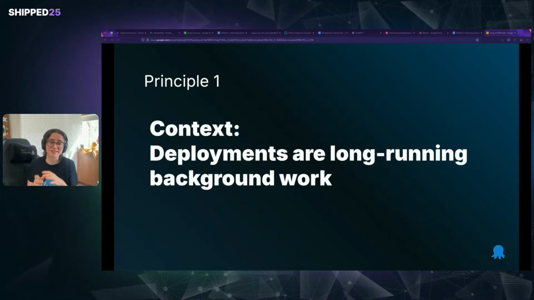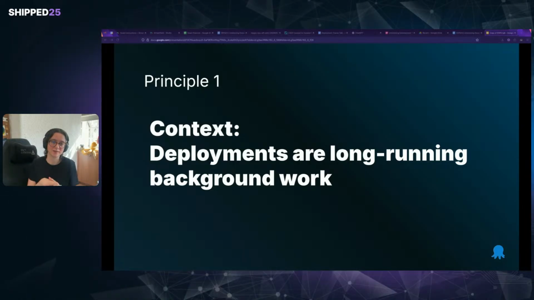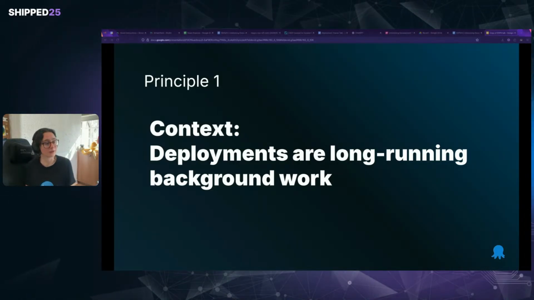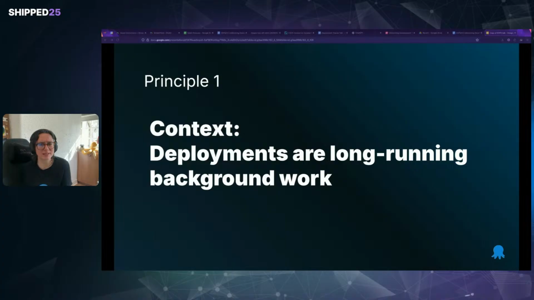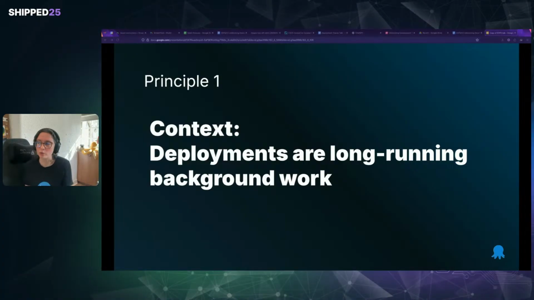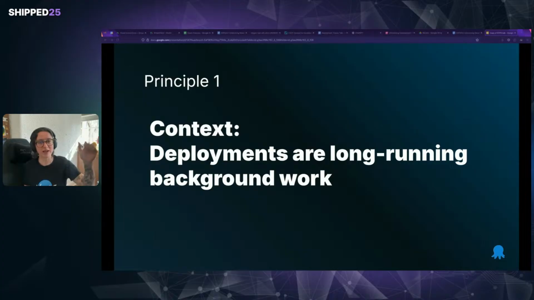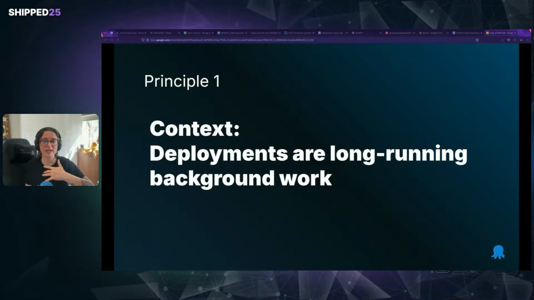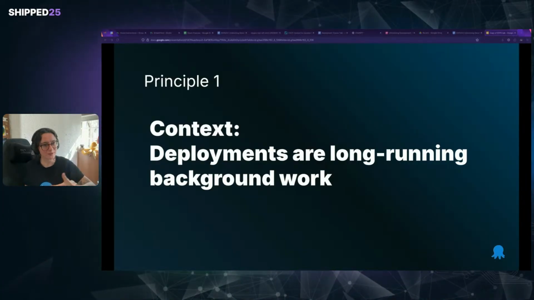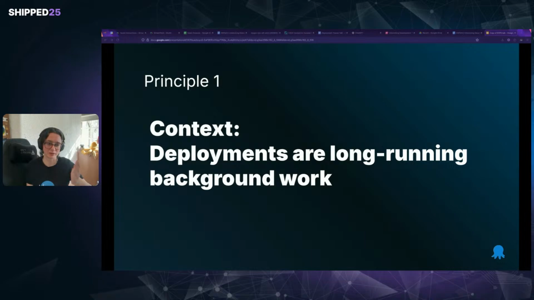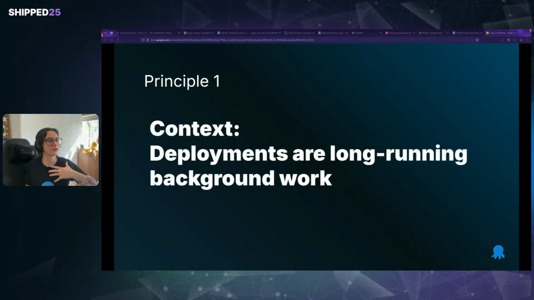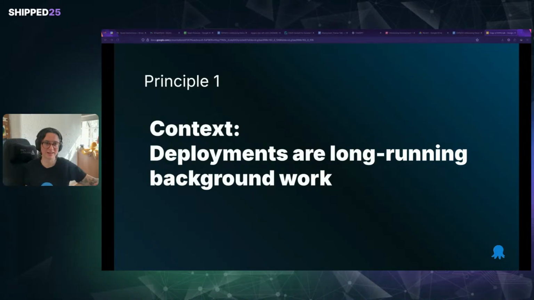So the context specific to Octopus Deploy that may be different in your world was that deployments are this kind of long-running background work. Once you hit that deploy button, a deployment goes off and it's doing the work. It is showing you output, but it's not really interacting with you very much. We do have some steps that are a bit more interactive, but on the whole, it's kind of this autonomous process that kicks off and does stuff.